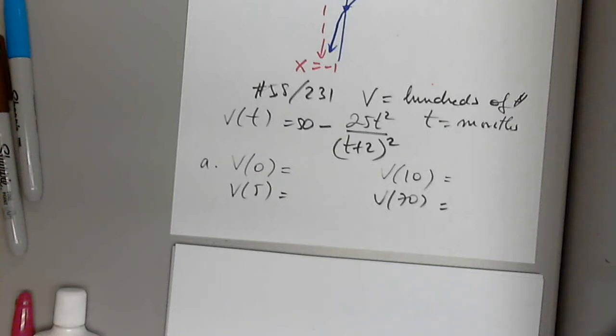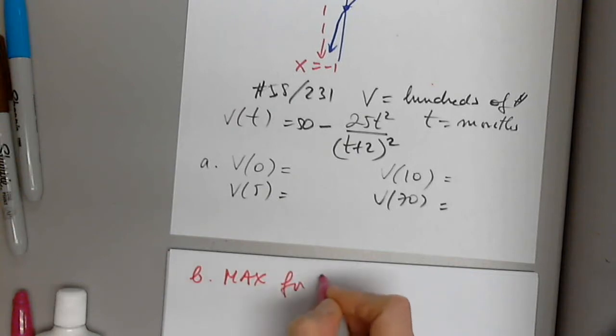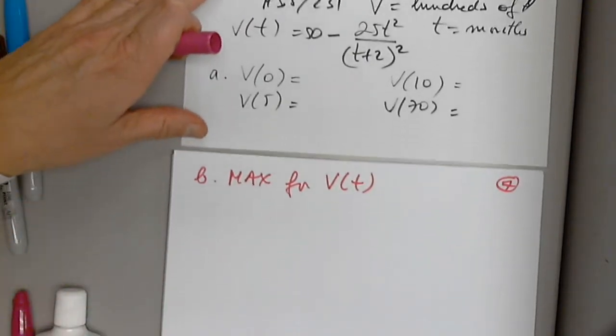Time is in months, so 0 to infinity. Find the maximum value of the inventory. Okay, so you can plug these numbers into the function and get the answer, correct? Okay, so in part B, we want to find the maximum for V of T. How do I do that?